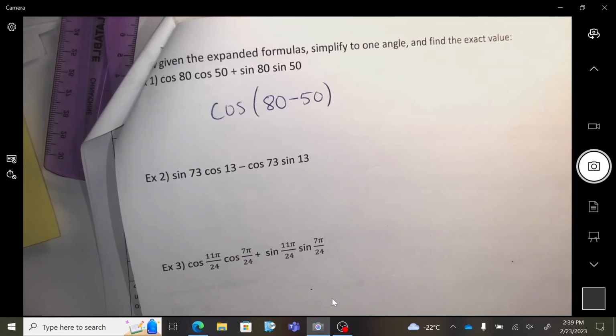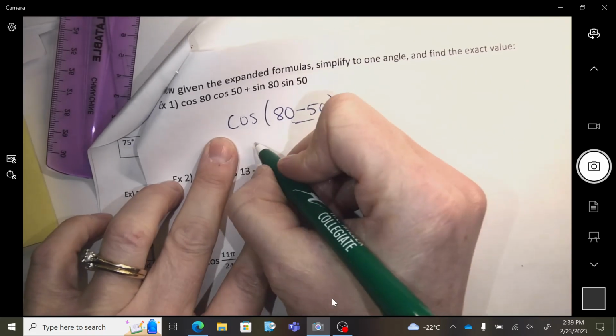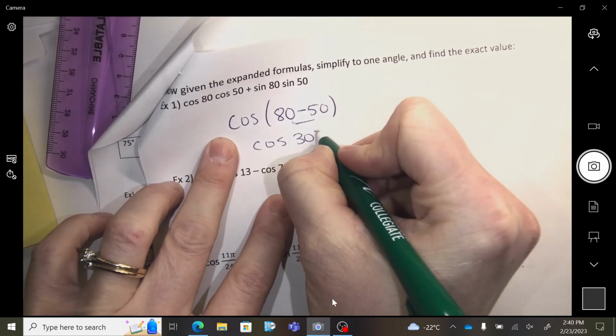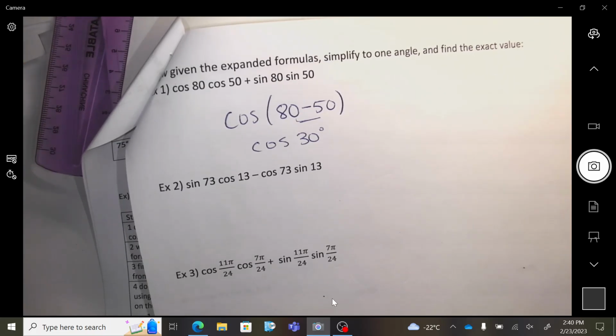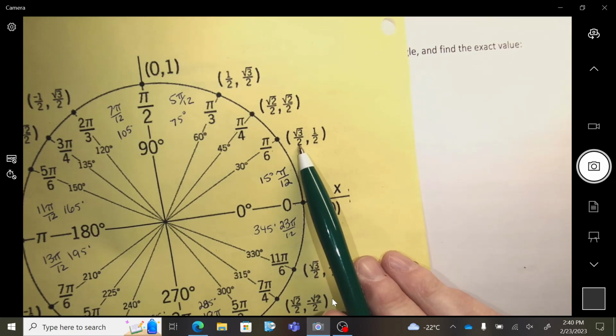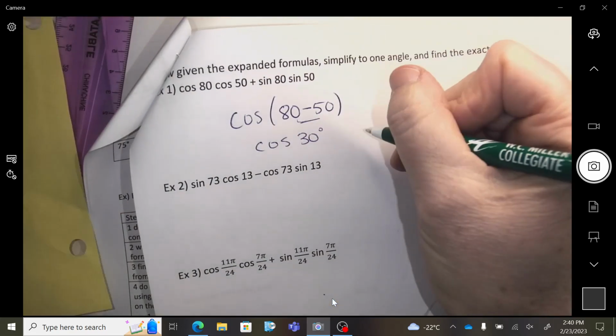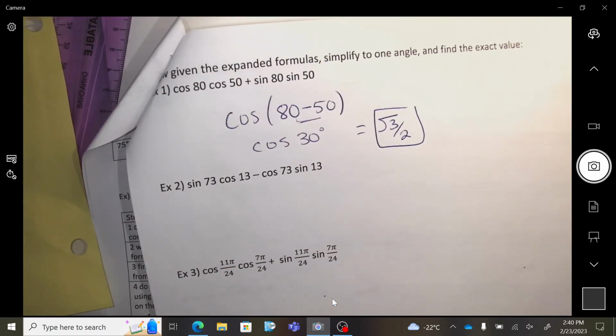Okay, now, guess what I'm going to do? What is 80 minus 50? Cos 30. And then, what am I grabbing? My unit circle. And at 30 degrees, the cos value is root 3 over 2.